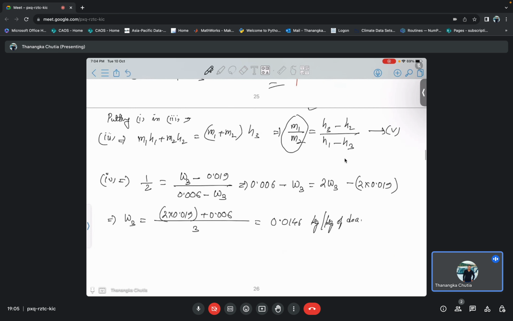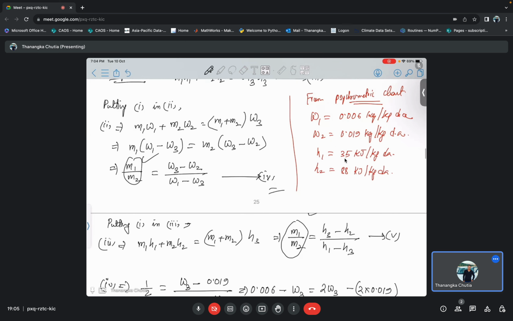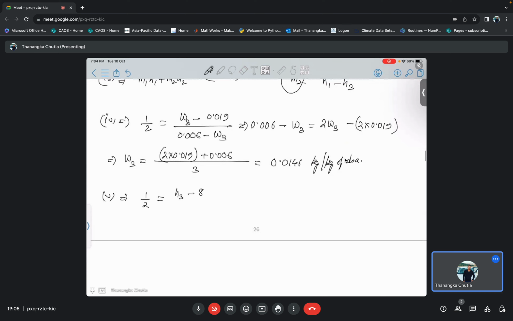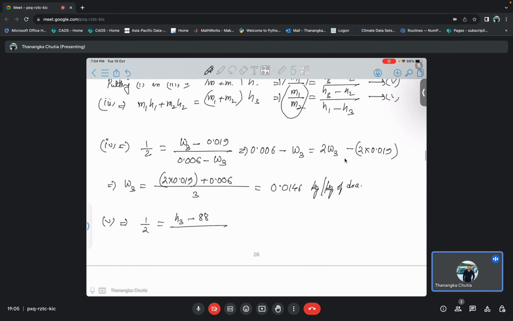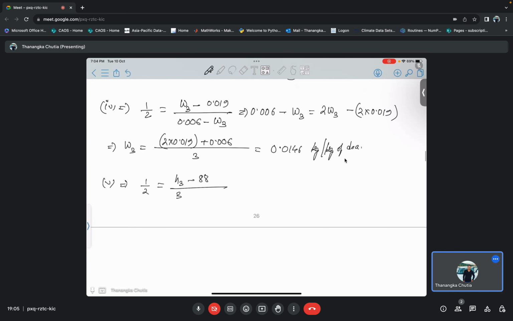Similarly, equation number 5 now implies 1 by 2 equals H3 minus H2, 88, divided by H1, 35, minus H3. So 35 minus H3 will be equal to 2H3 minus 88 into 2.